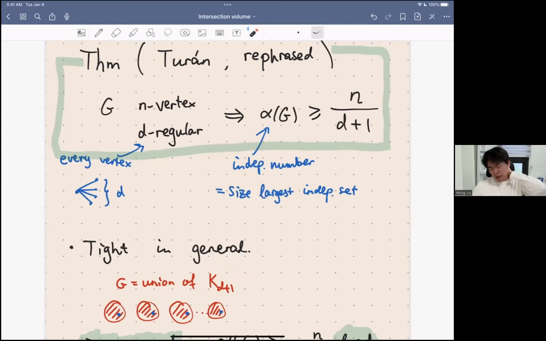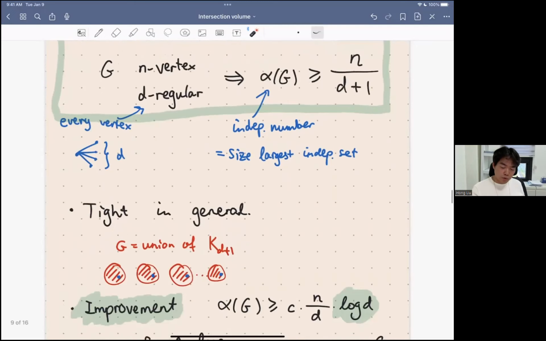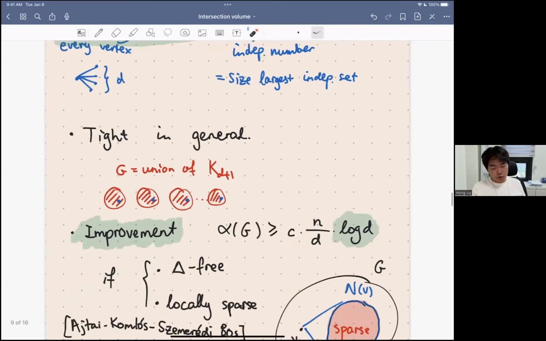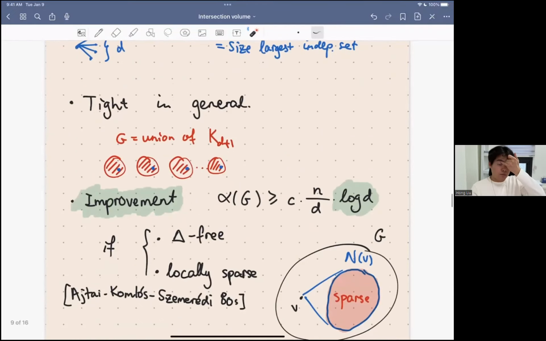So you might say, okay, this graph is too structured. The edges cluster into these cliques. If we are not so structured, can you improve? Can you find a larger independent set? And the answer is yes. That's a very important result back in the 80s by Ajtai, Komlós, and Szemerédi.